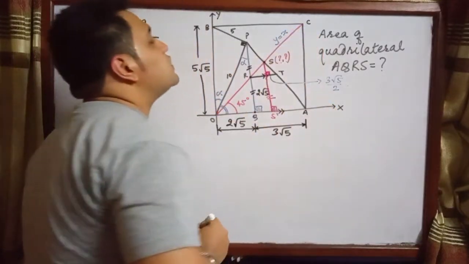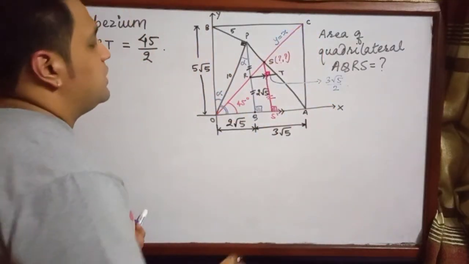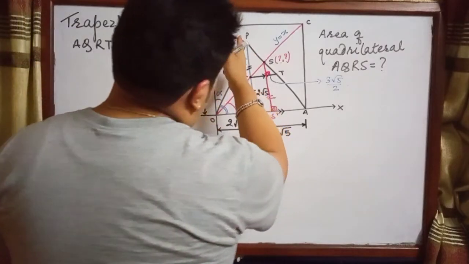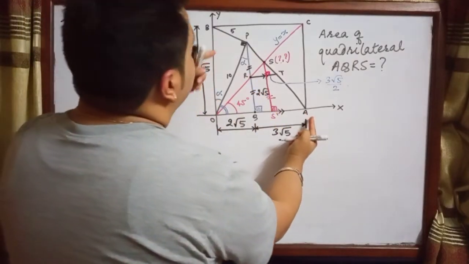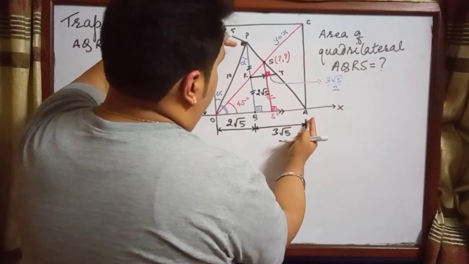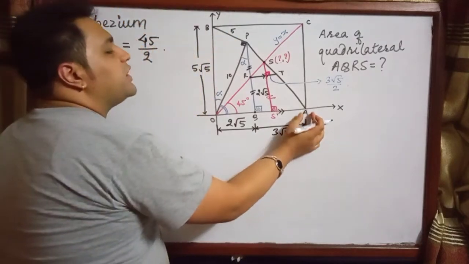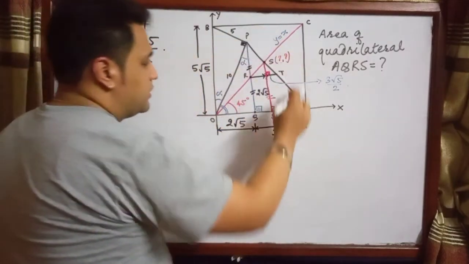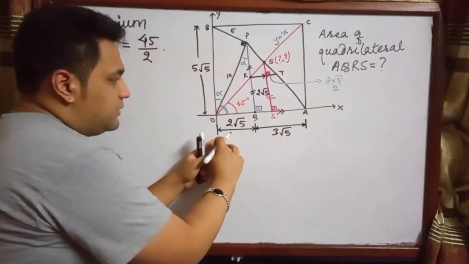This is y equal to x. Okay. Now to find the equation of AP, we need the coordinates of A and P. Coordinates of A, let's see.